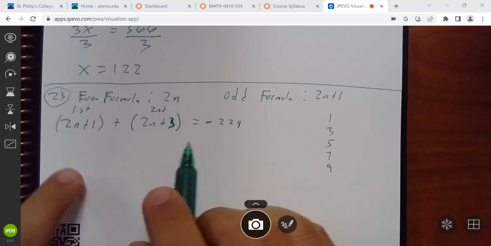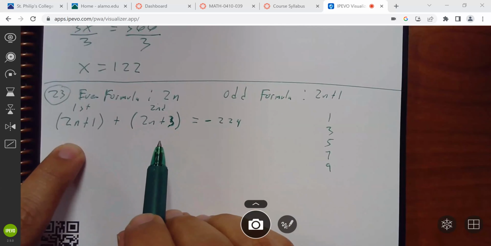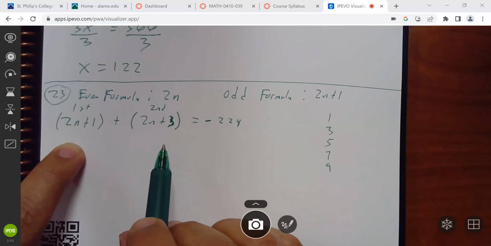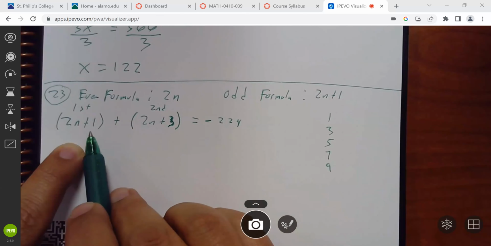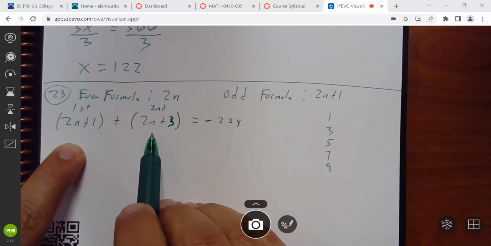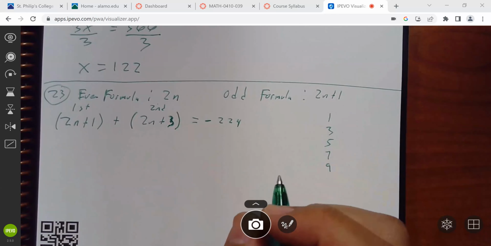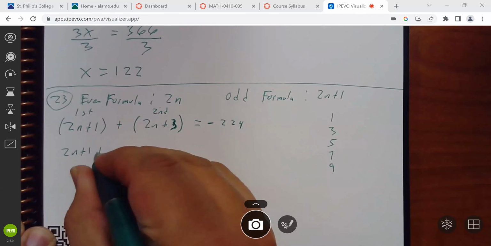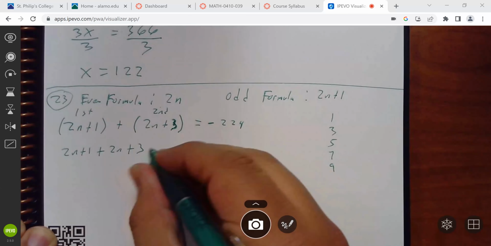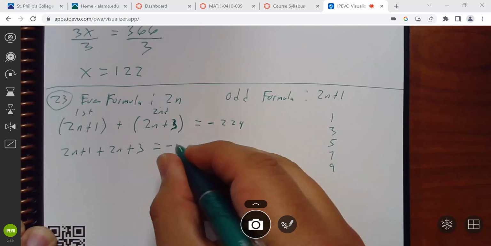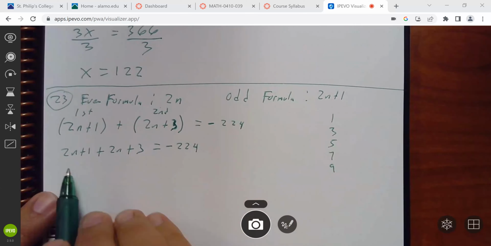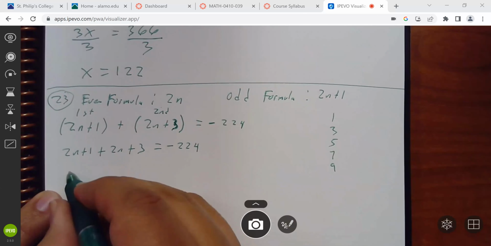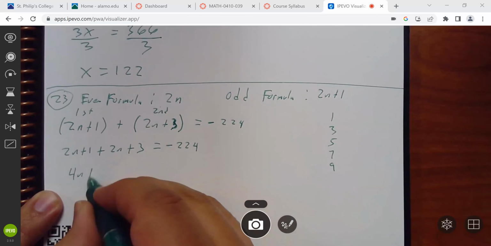We solve for n, then we can plug in n and find the first, and then the second, right? So let's solve for n. 2n plus 2n plus 1 plus 3.